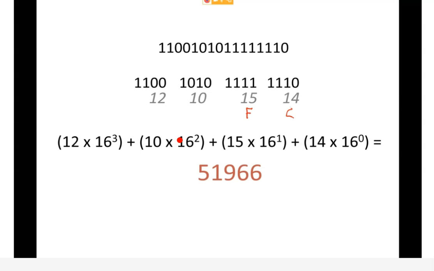This is E, 10 is A, BC, so cafe. Cafe, you can just type that in the calculator in hex mode and convert to this number as well, rather than doing the long method. Up to you which way you want to do it. I figure shorter number of steps in the calculator, the least amount of time chance for errors.